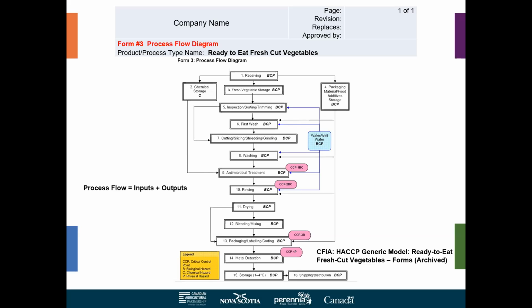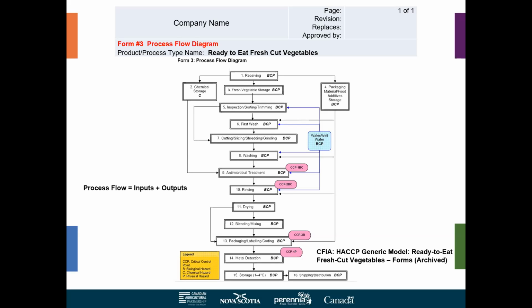So then you come up with a process flow diagram. Now this process flow diagram was taken from the archived CFIA HACCP generic models. So it was ready to eat fresh cut vegetables. Now you may find generic HACCP process flows online, but it's your responsibility to ensure that you use it as a guide and a guide only.